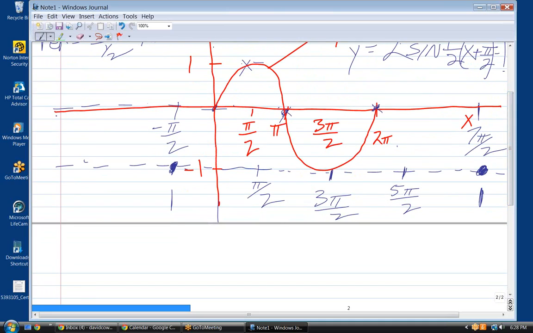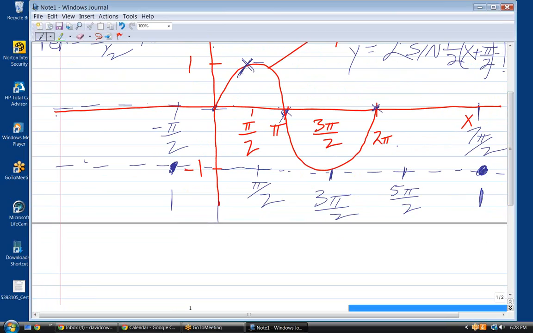So I've got to go through this point right there at pi over 2 and +1. I'm going to come back through my line of symmetry right here, the middle quarter point.